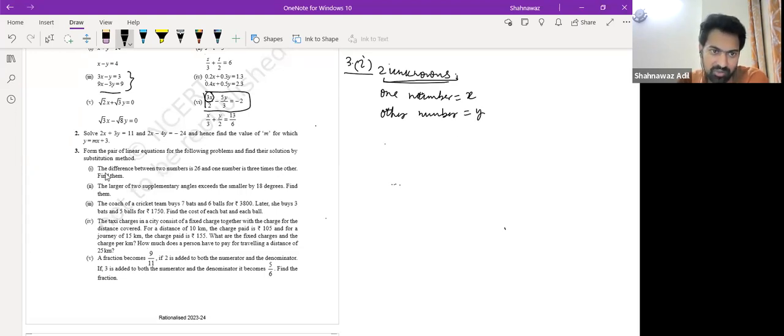And from the first information, the difference between them is 26. So as you say, we calculate the difference between the larger and the smaller number. Well done.